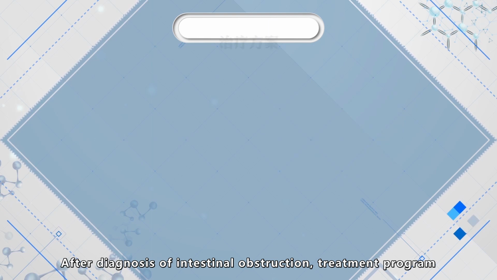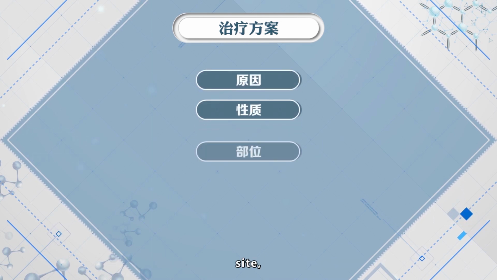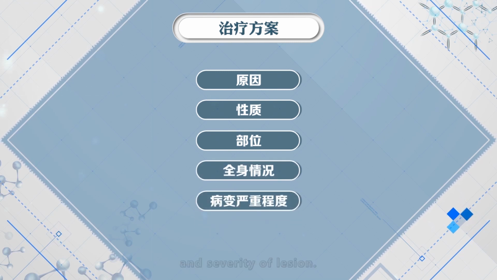After all, the treatment program for intestinal obstruction should be determined according to the causes, nature, site, systematic condition, and severity of the lesion.